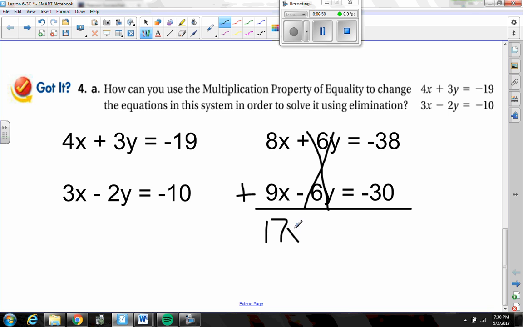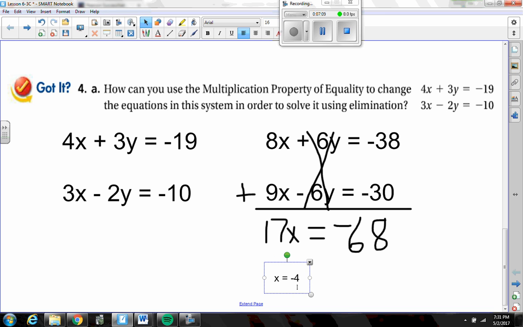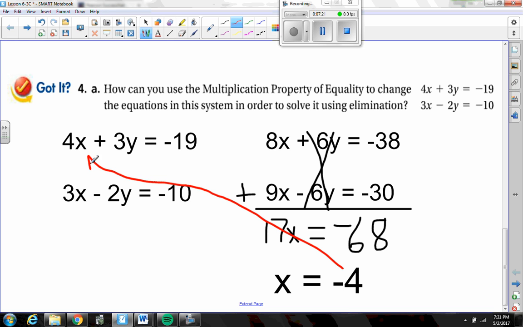I get 17x equals negative 68. And when I divide by 17, I get x equals negative 4. So x is equal to negative 4, and I'm going to plug it back into one of my two original equations. Maybe the first one because that has all the positives. So I'll plug negative 4 back in there.